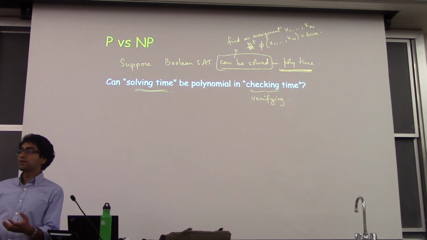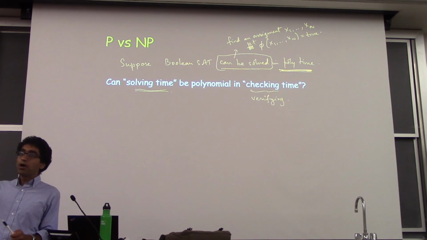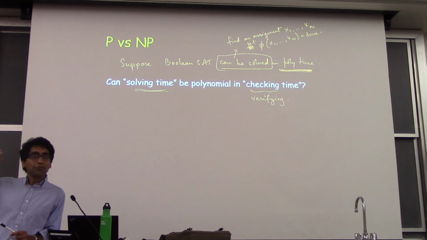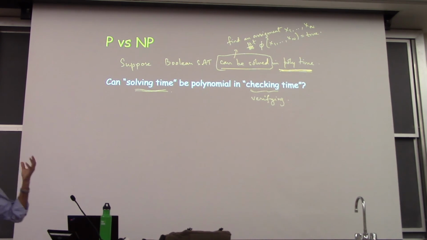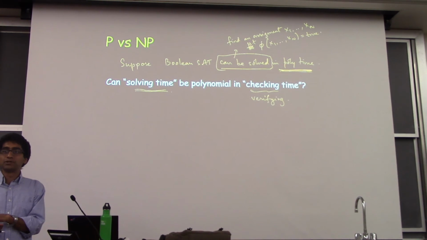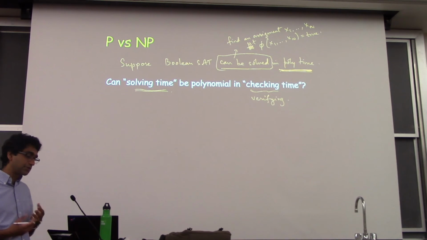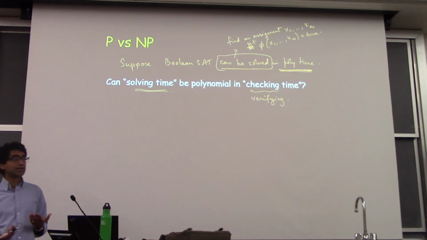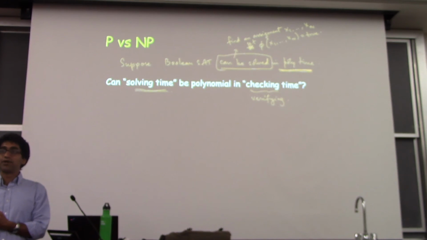This is something very surprising, right? This is not what you would expect for mathematical statements. Somehow we believe that there is a creative process that goes into solving the problem. Checking is more of a mechanical process. And so if SAT can be solved efficiently, that means solving is not much harder than verifying.